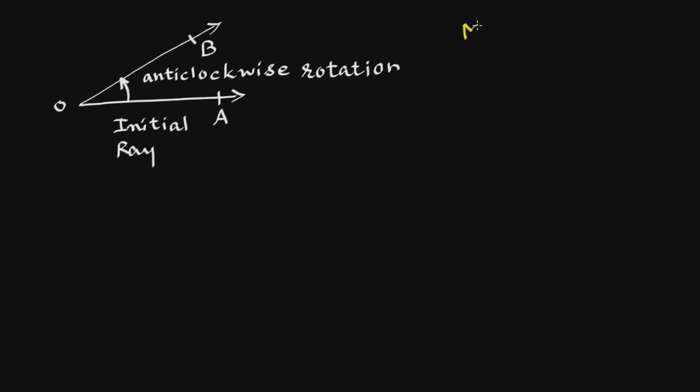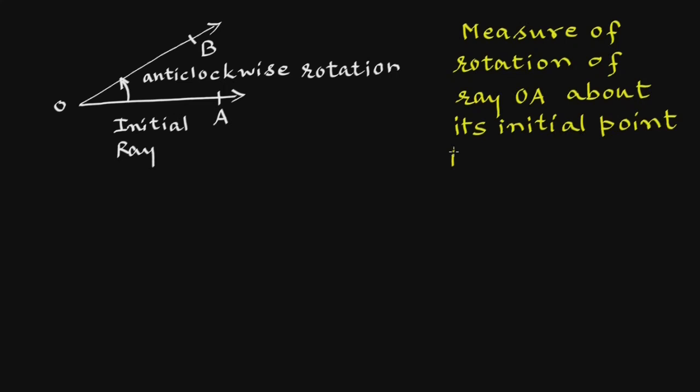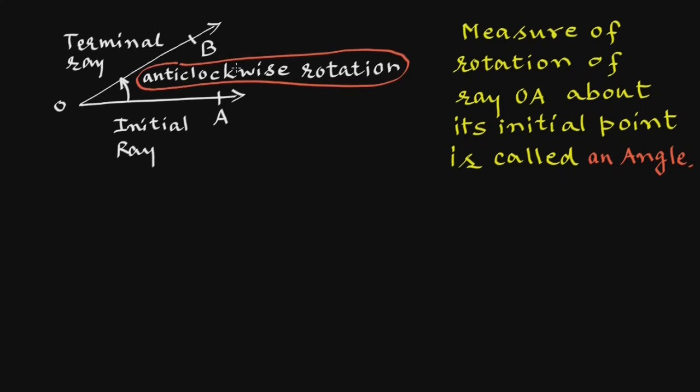Then this measure of rotation of ray OA about its initial point is called an angle. Ray OB is called terminal ray or terminal side of this angle. For anticlockwise rotation of ray OA, the angle is positive.